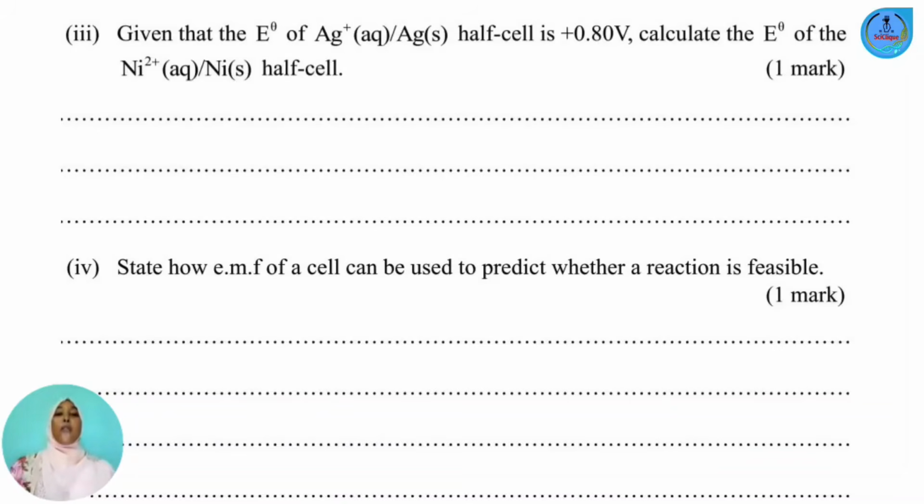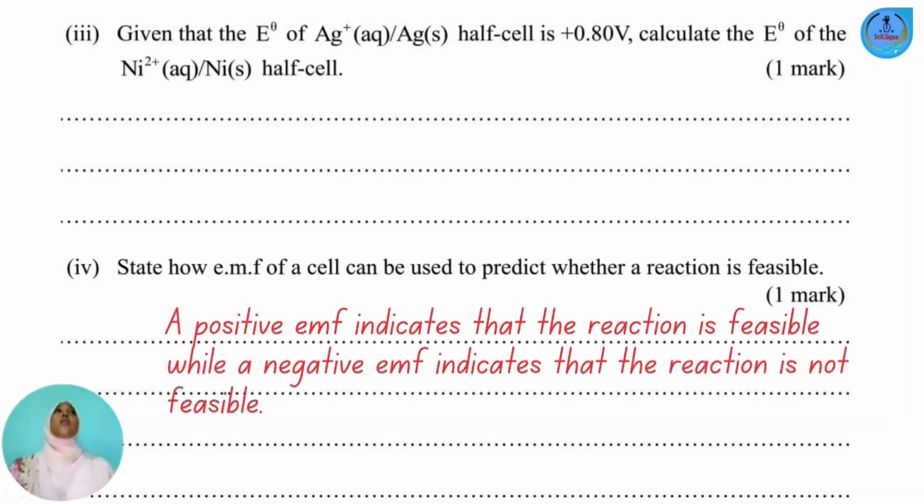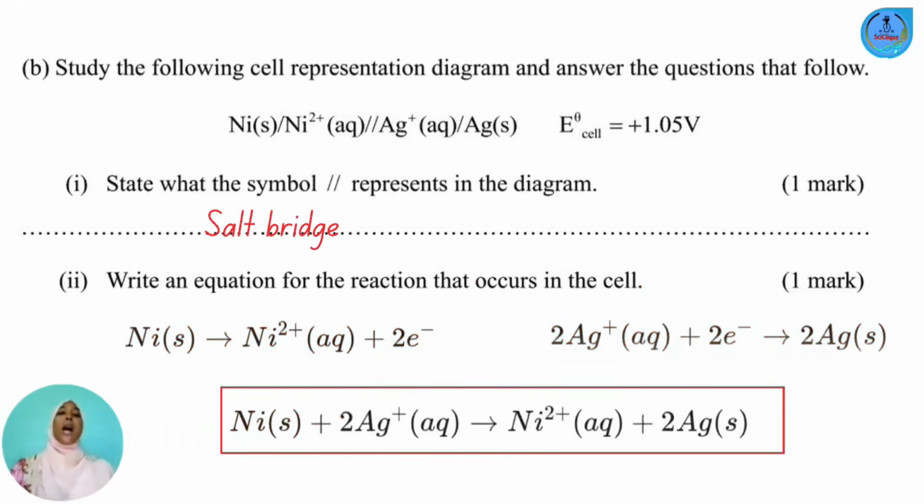State how the EMF of a cell can be used to predict whether a reaction is feasible. When they say whether a reaction is feasible, it means can the reaction actually take place or not. Now let's go back to our equation. If you look at our equation above, the standard electrode potential was plus 1.05, the positive sign over there.